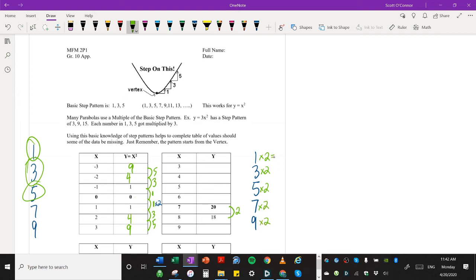And what do we get when we do 1 times 2? We get 2. 3 times 2, we get 6. 5 times 2, we get 10. 7 times 2, we get 14. 9 times 2, we get 18. Okay? So now what you should notice is there was a change of 2 here. So what's this change going to be? This change, if we follow the pattern, is going to be 6.